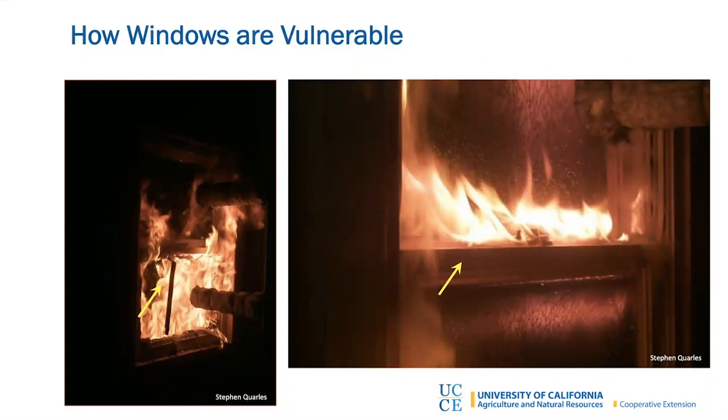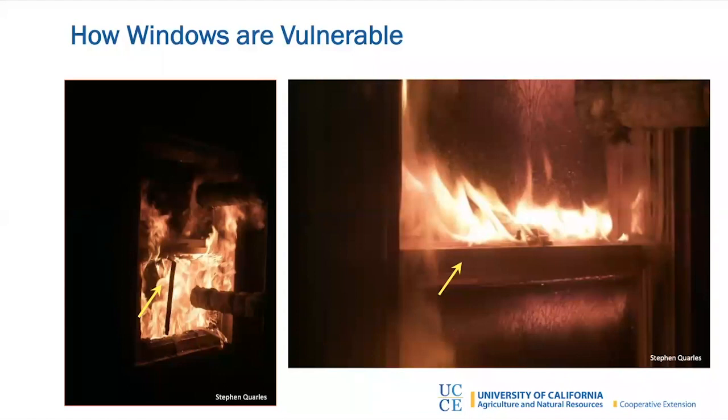One is that the window is exposed to either radiant heat or flames, and the glass breaks. The other is that in a similar kind of exposure, radiant heat and/or flames, the framing material ignites and the fire burns through the framing material and into your house.